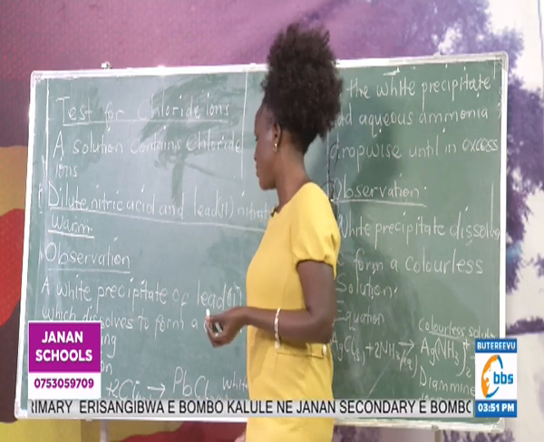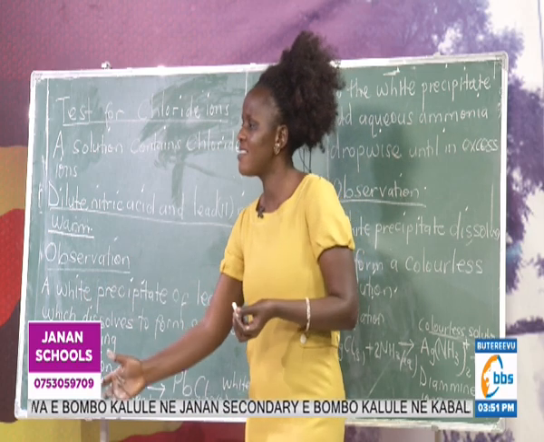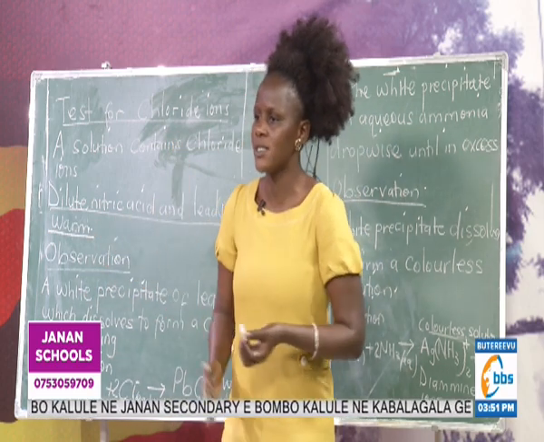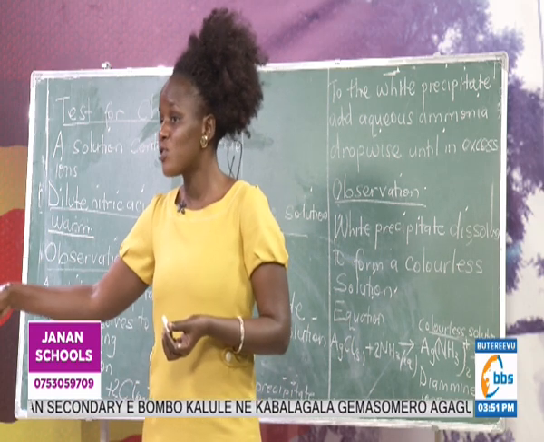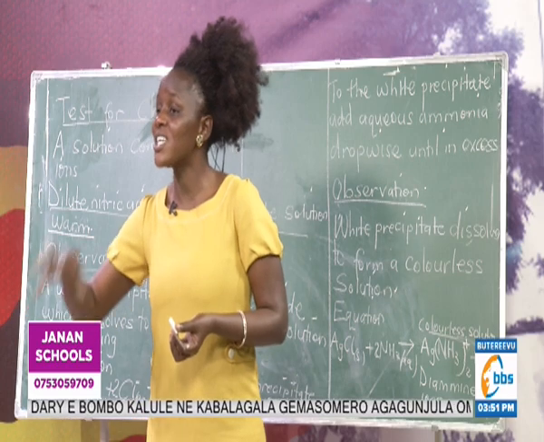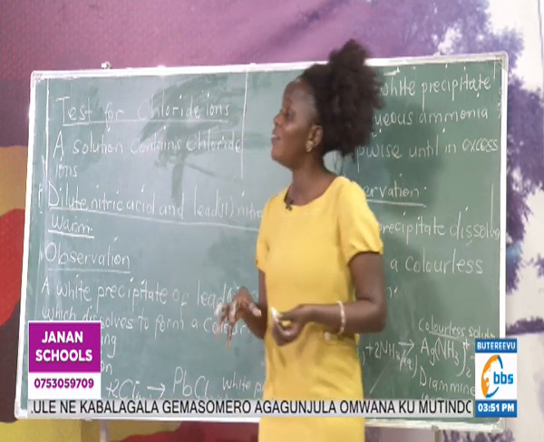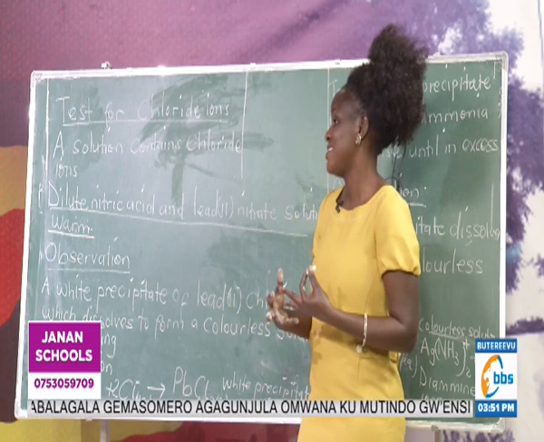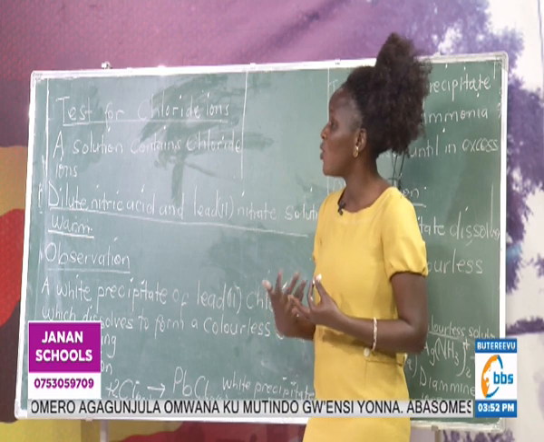Whenever you're forming precipitates, it's because that salt is insoluble. Whenever you're forming solutions, it means that that salt now is soluble. Those solutions may be colored or they may be colorless. So sometimes they even ask you to explain your observation.